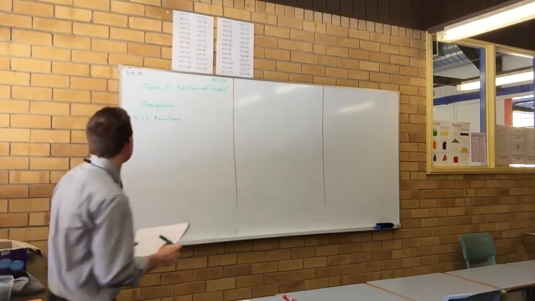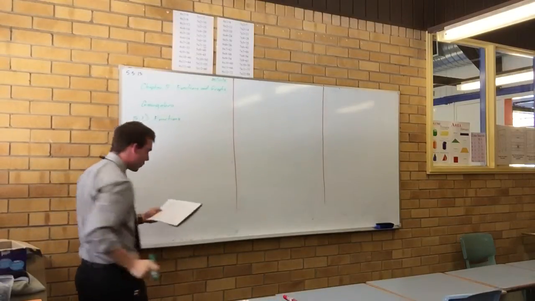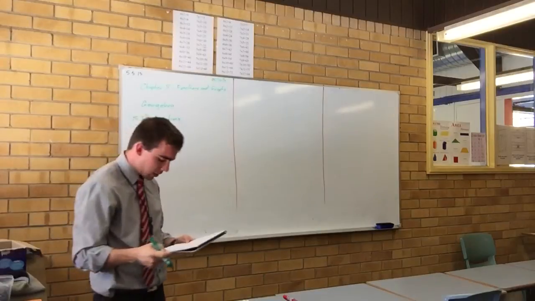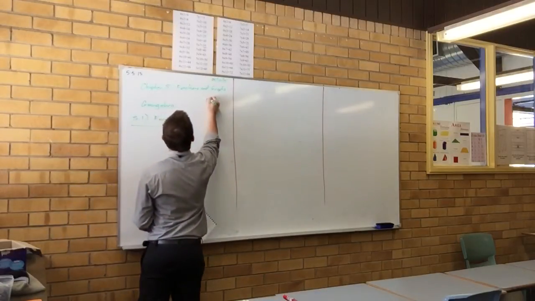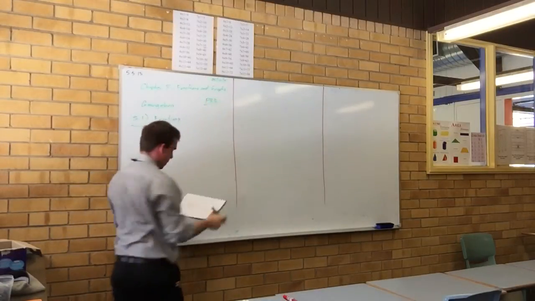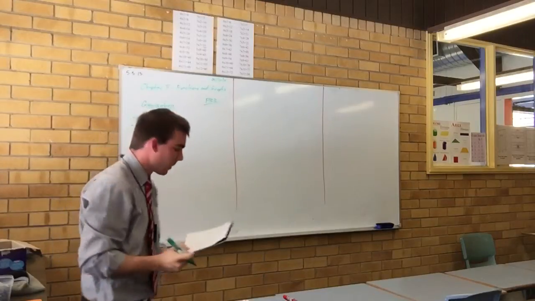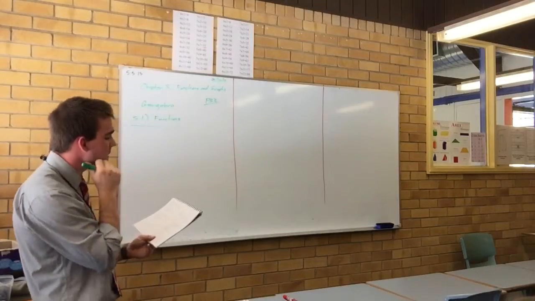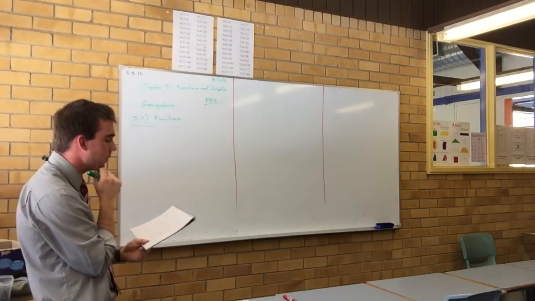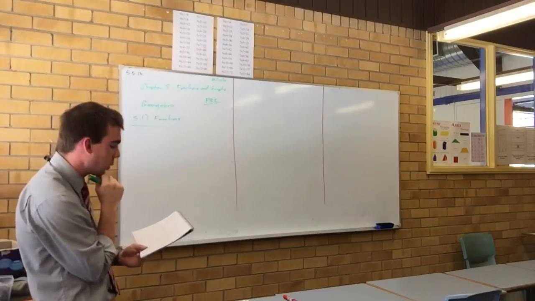Alright, functions. So I'm going to read through the notes here. Everyone on page 33, reading along. A function can be considered as the representation of an equation in graphical form.